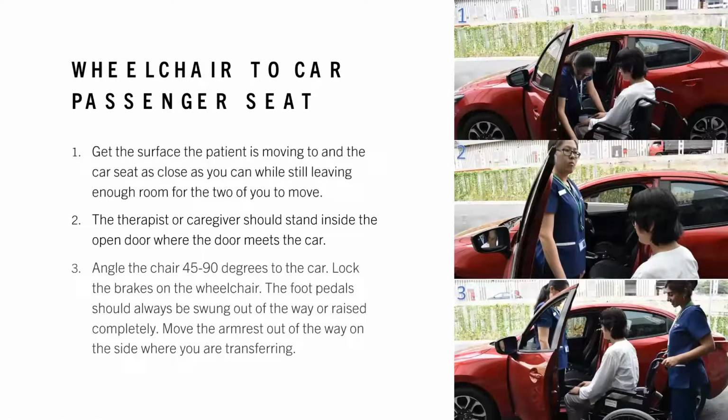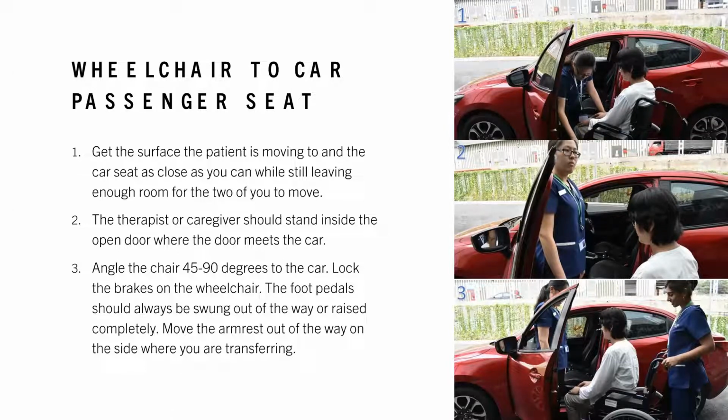Now we move on to the next situation, wheelchair to car passenger seat. Number one, get the surface the patient is moving to and the car seat as close as you can while still leaving enough room for the two of you to move. Second, the therapist or caregiver should stand inside the open door where the door meets the car.